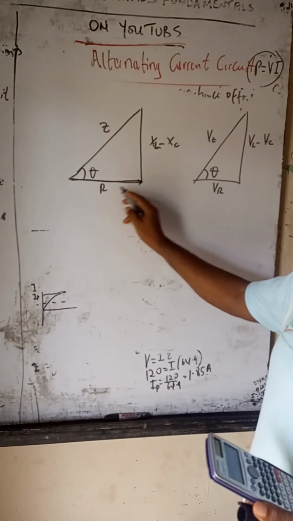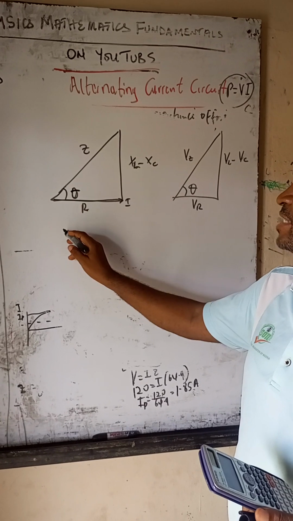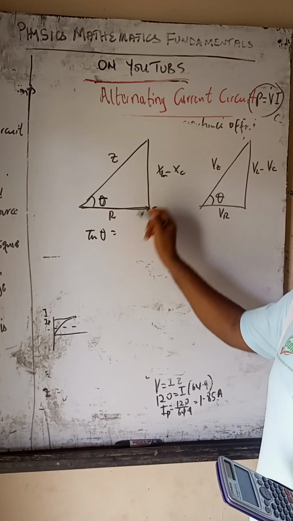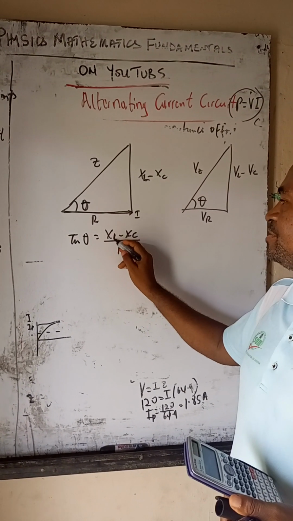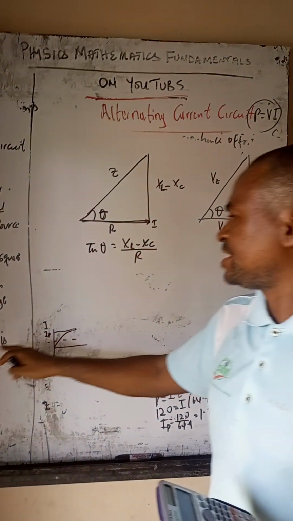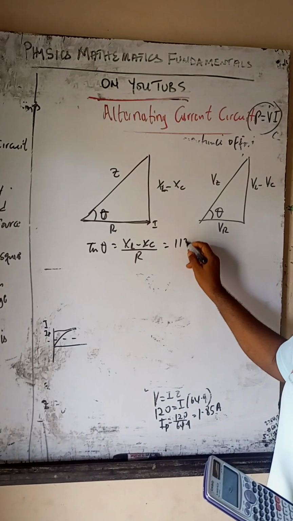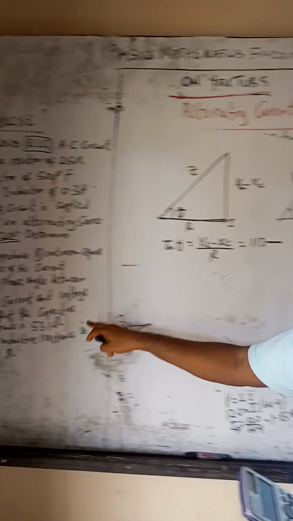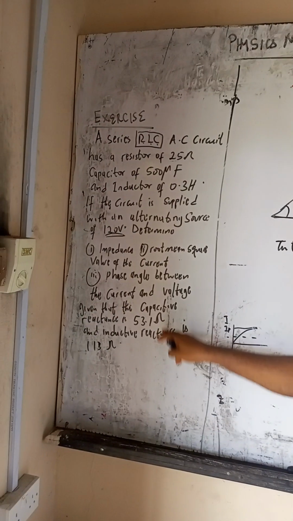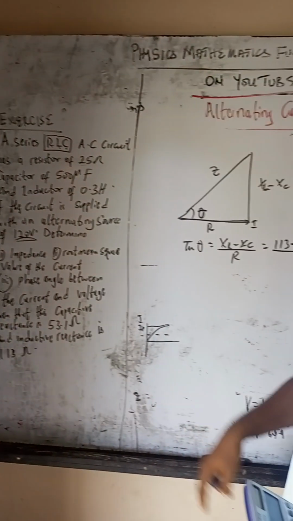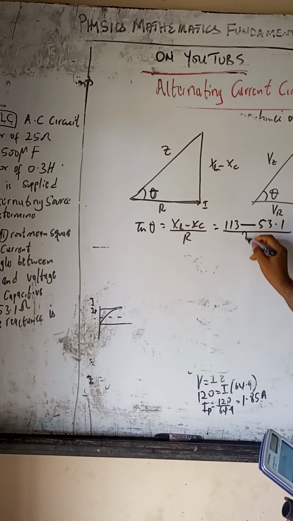The current is located along where the resistor is. So the angle between them is this theta. So I can say tan theta is equal to the opposite, XL minus XC, divided by the adjacent, R. My XL, that is the inductive reactance, is 113, minus the capacitive reactance, which is given as 53.1, then divided by the resistance, which for this particular question is 25.